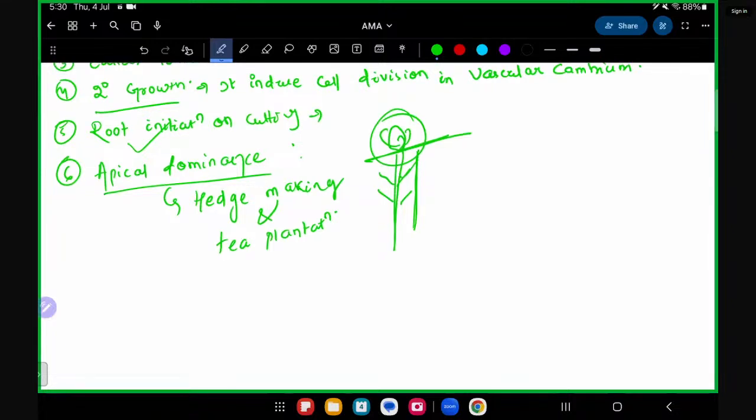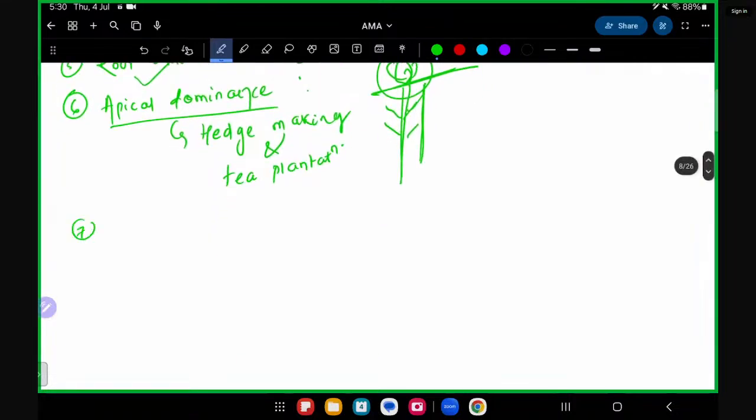Okay. Seventh point is parthenocarpy. When auxin is applied to some flowers, it induces what? Parthenocarpy. Okay. What do you mean by parthenocarpy? The ovary gets enlarged and develops into seedless fruit.